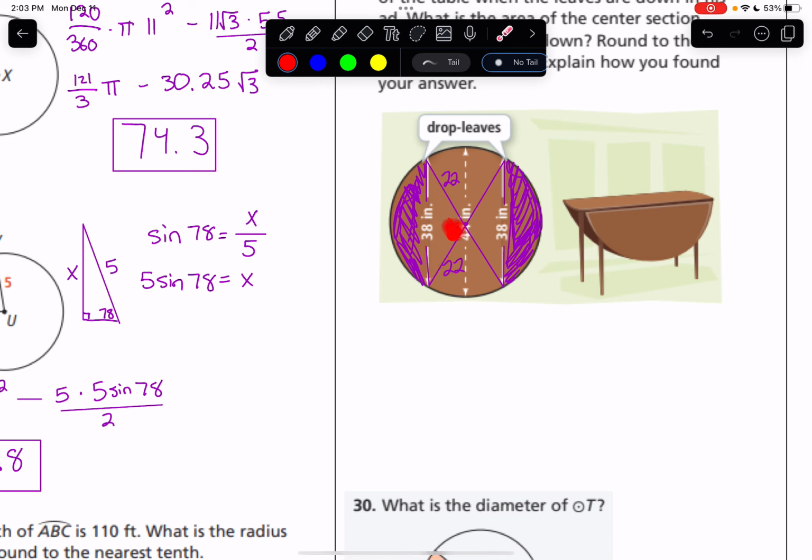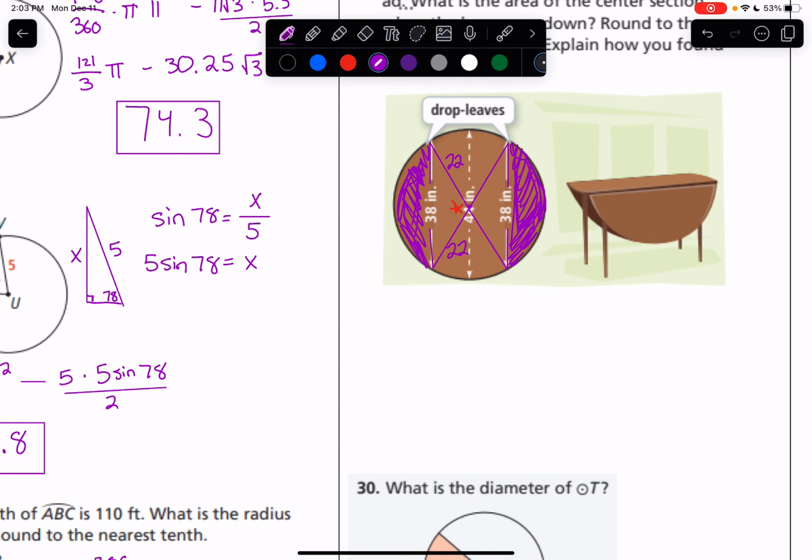How do I find the angle when I know three sides of a triangle? I use the law of cosines. So I'm going to use the law of cosines starting with 38 because it is across from the angle I want to know. So 38 squared equals 22 squared plus 22 squared minus 2 times 22 times 22 cosine of x, the angle we don't know.